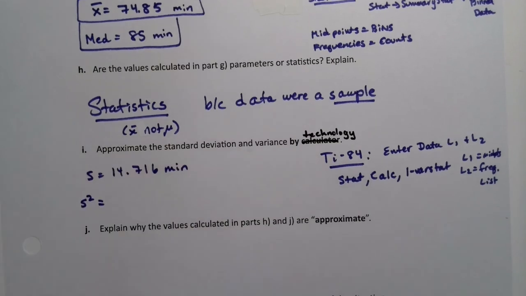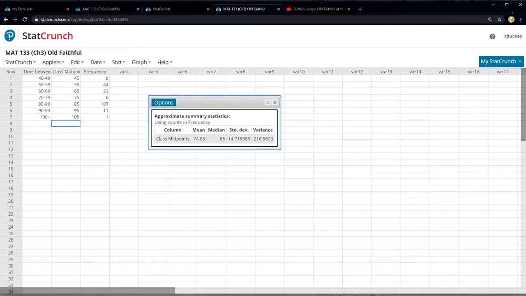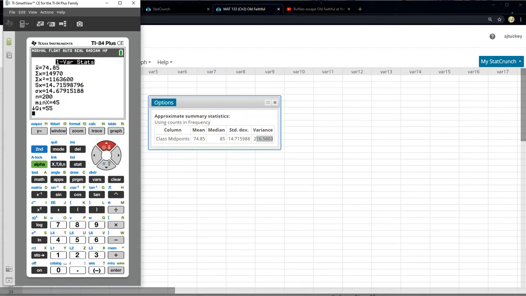S squared, okay, the calculator doesn't give S squared. StatCrunch does. So StatCrunch, we can tell it's 216.560, right? On the calculator, what you have to do is notice the 14.716 and then type 14.716 and then hit the squared button to make that happen, right? So it's either way, 216.56, right?